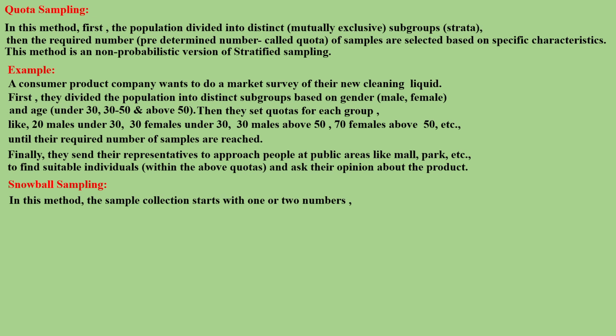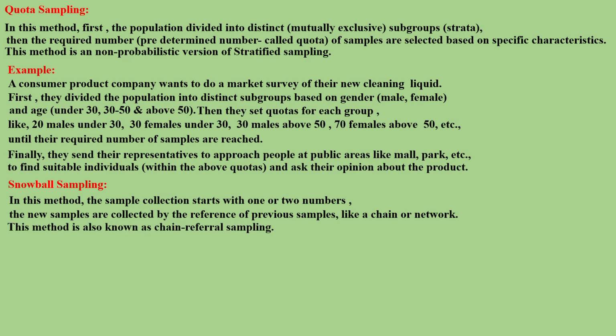For the sake of friendship, he will join the insurance. Then you ask him to refer some of his friends or family members. So like that the sample will grow. The new samples are collected by the reference of previous samples, like a chain or network. This method is also known as chain referral sampling.